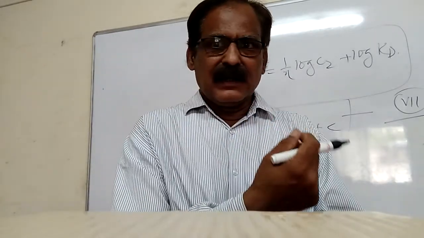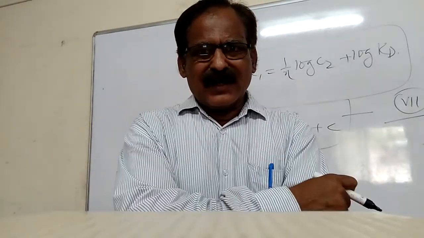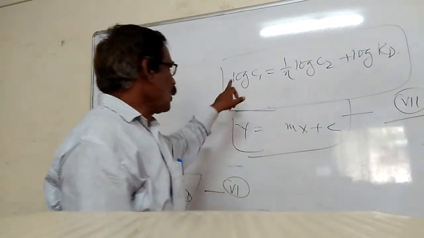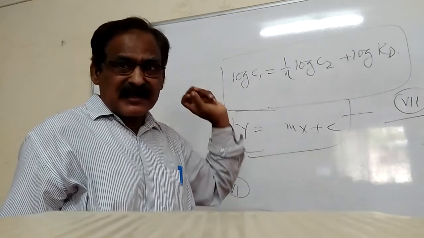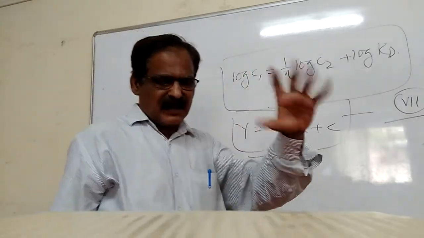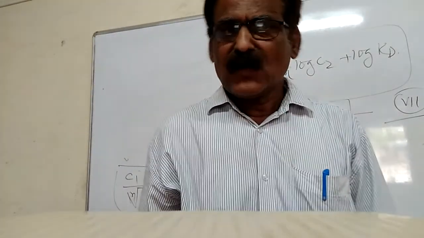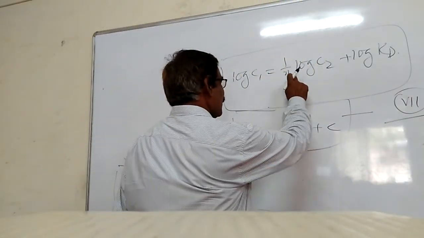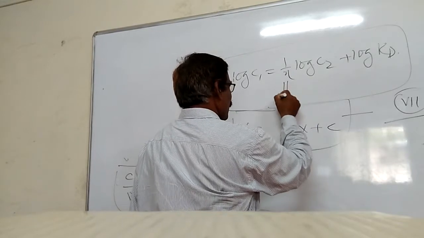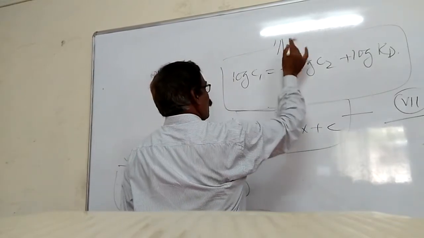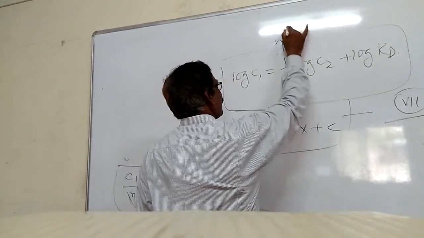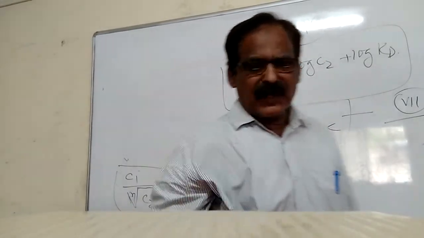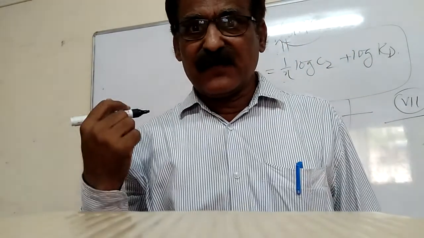It means that when we plot a graph between log C1 and log C2, a straight line graph will be obtained, and the slope of that straight line will be equal to 1 upon n, and from that slope we can find out the value of n.